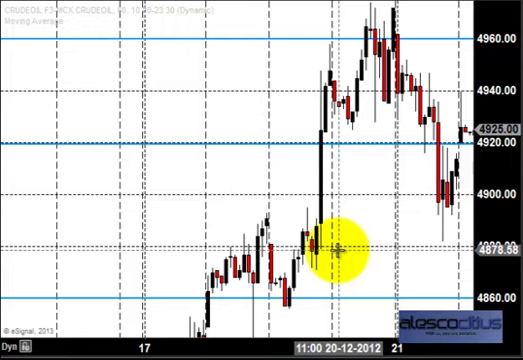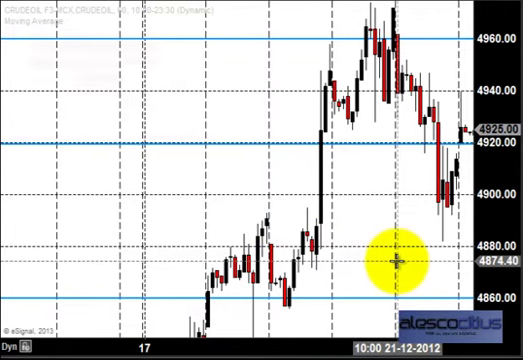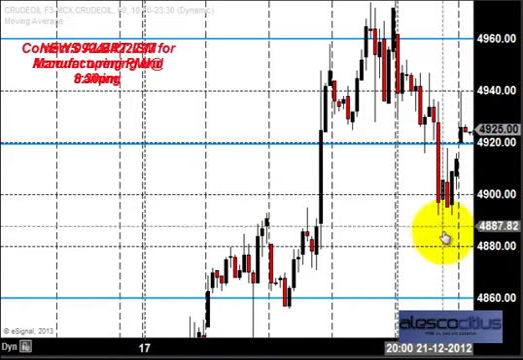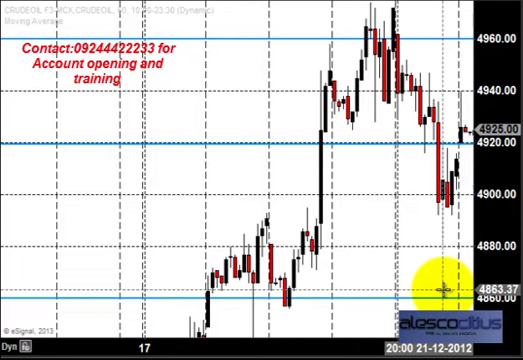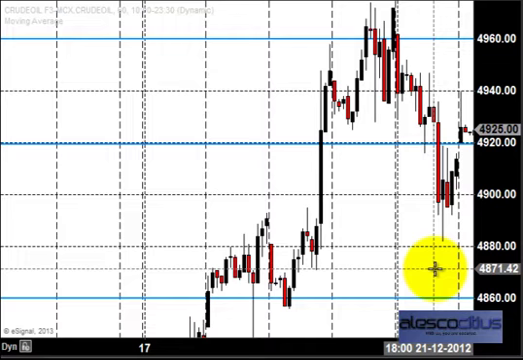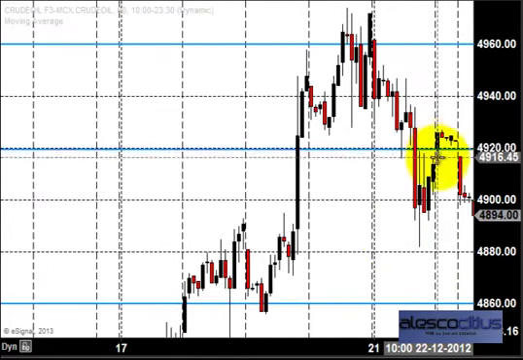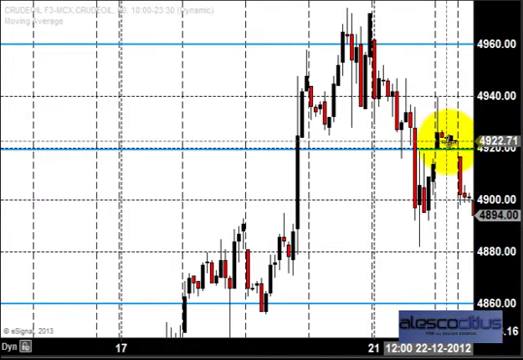We can say it is acting as an intermediate zone. So whenever we say support or resistance, we always say it is a zone. We cannot expect the price to exactly come and test this zone. Sometimes it comes, sometimes it bounces back at an earlier stage. So the price came down around 4,880 and it gave a bounce back, and it tried to put something above 4,920 on Saturdays.